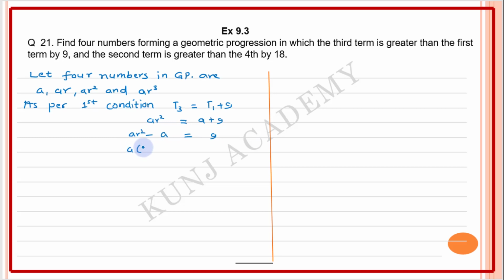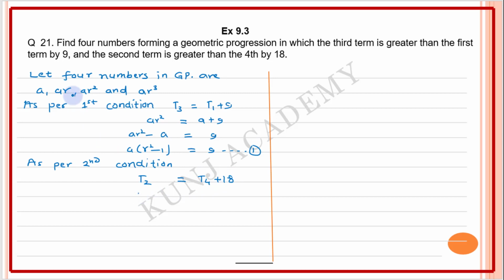Taking a common, a(r square minus 1) is equal to 9. Number 1. As per the second condition, the second term is greater than the fourth term by 18. Second term T2 is greater than the fourth term T4 by 18, so T2 is T4 plus 18.